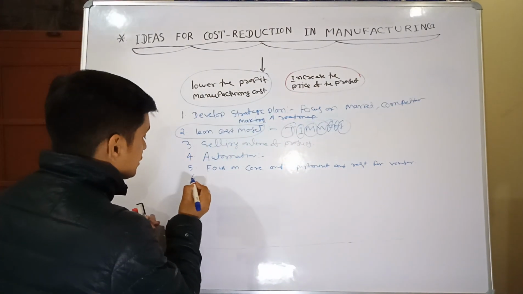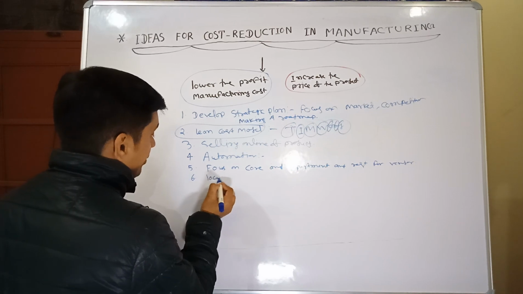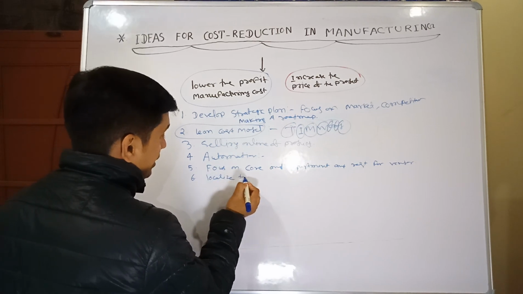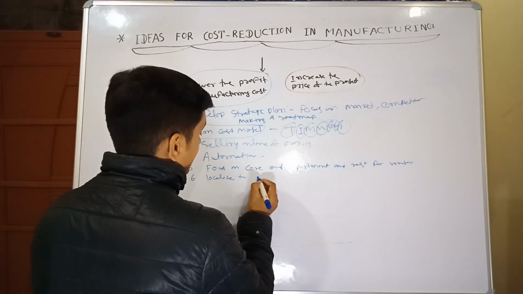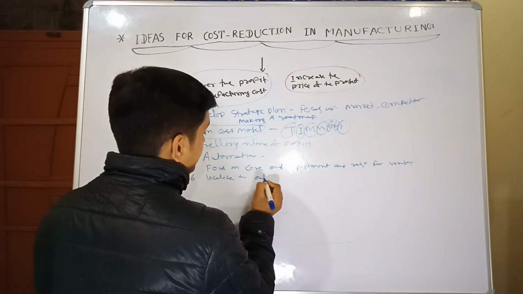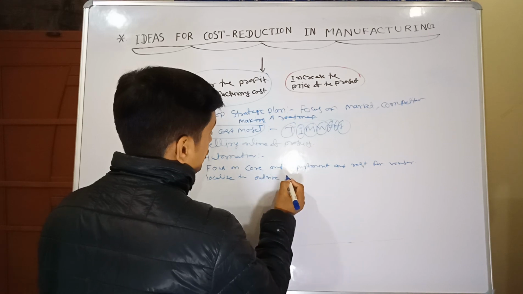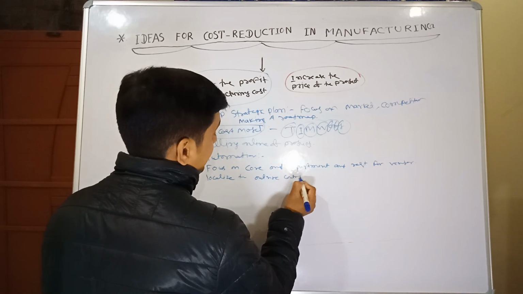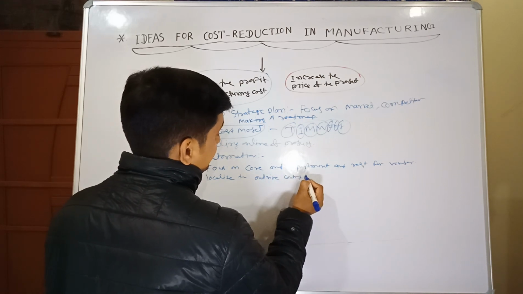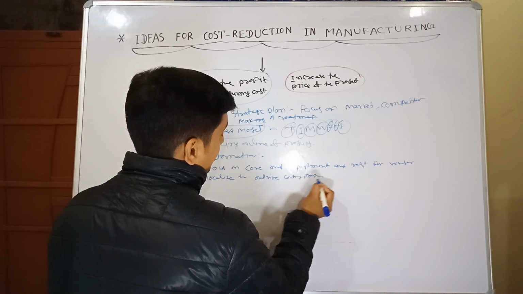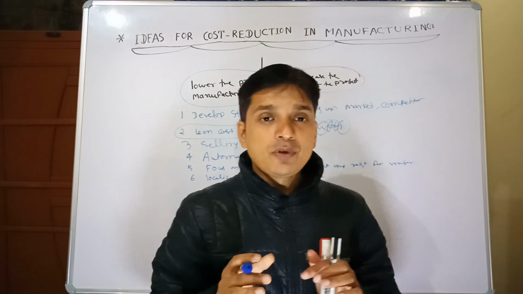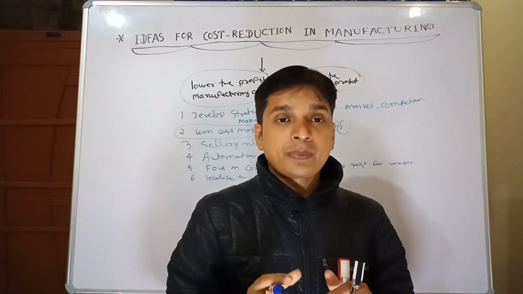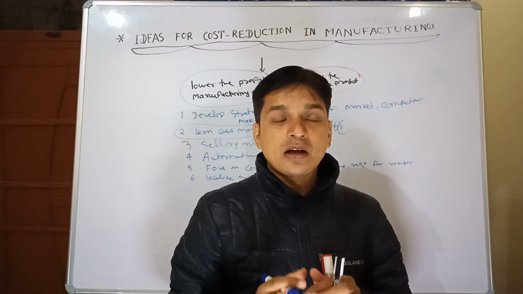Sixth thing is localize outside-country products.